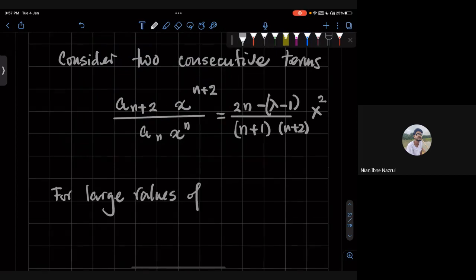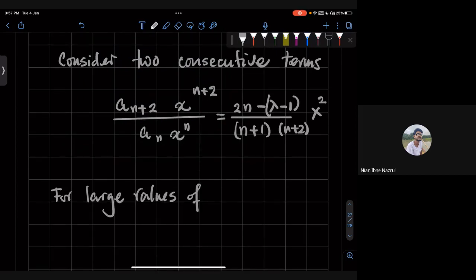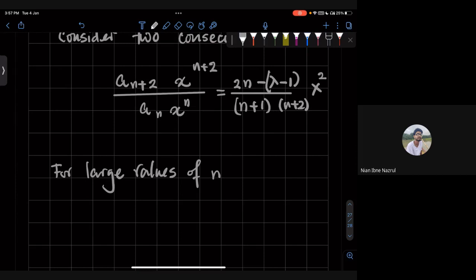So for large values of n, what do we see? We see that over here, this becomes the numerator, the denominator becomes n squared, right?